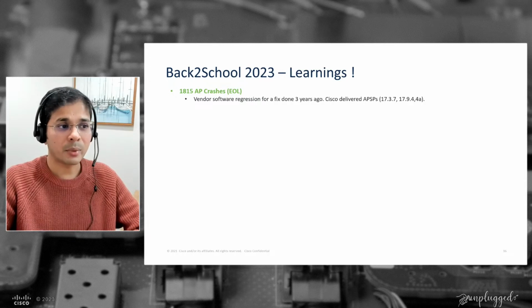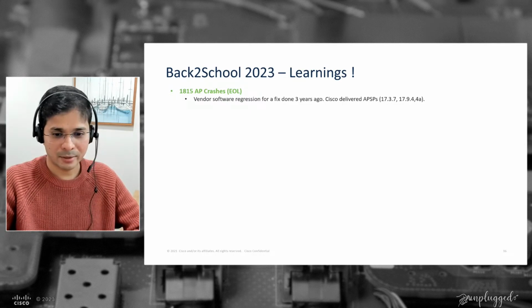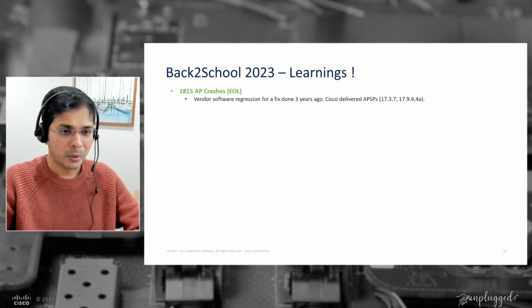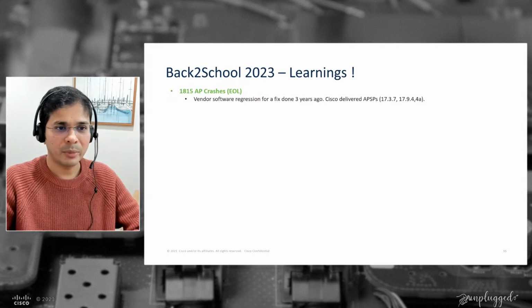Although this was an EOL product, we thought that the number of customers seeing this problem seemed like a regression from the past, and we worked with our vendor and found the fix that was done 3 years back was causing a regression. And we just released APSPs on 17.3.7 and 17.9.4 as of last week.